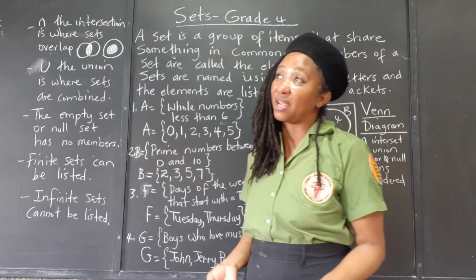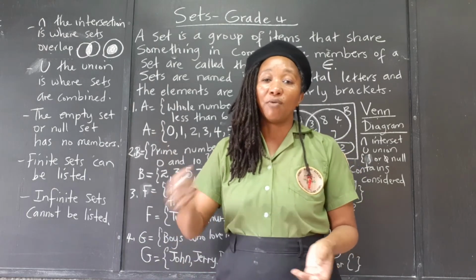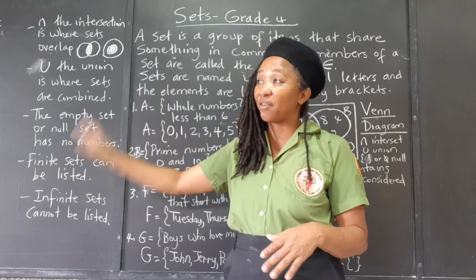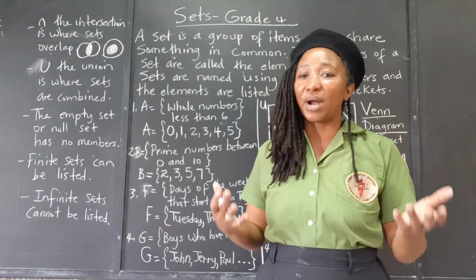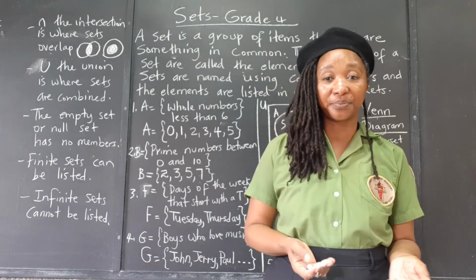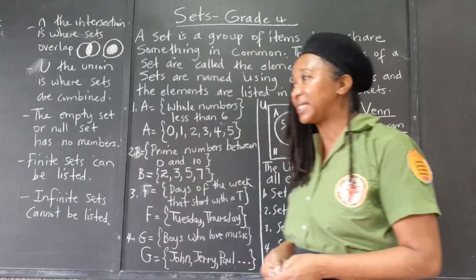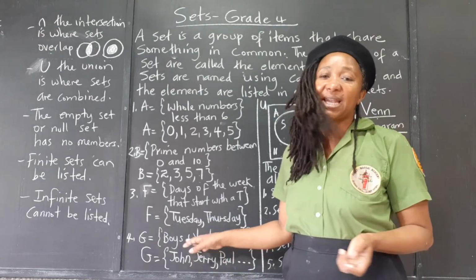But in theory, we could say each country or each parish or each town, write down the names of all the boys who say they love music. And we do that in every country and then bring it together. Even so, it's still not practical and it's still not reliable. It's not a feasible thing to do, right? So we say, given that, this is an infinite set.